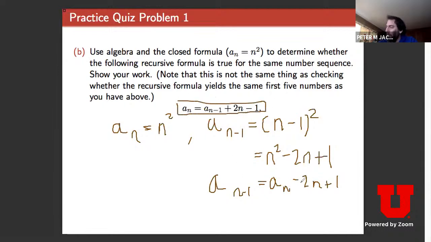If we move the minus 2n plus 1 to the other side, we're left with an minus 1 plus 2n minus 1 is equal to an. So does anyone have any questions or concerns about either part of this problem?